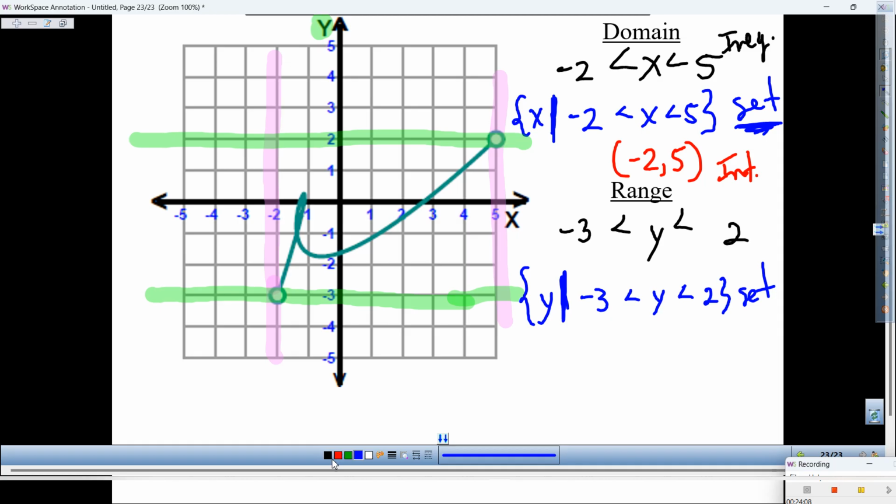All right. And last, interval notation. Greta, go. Parentheses. All right. Send that in, please. Not bad, not bad.